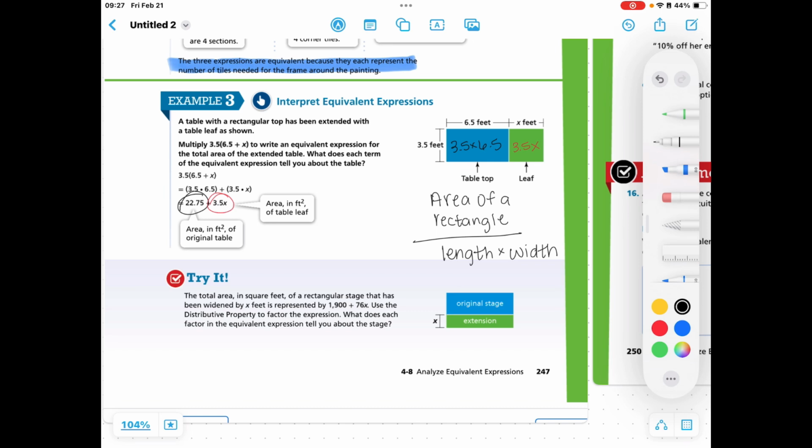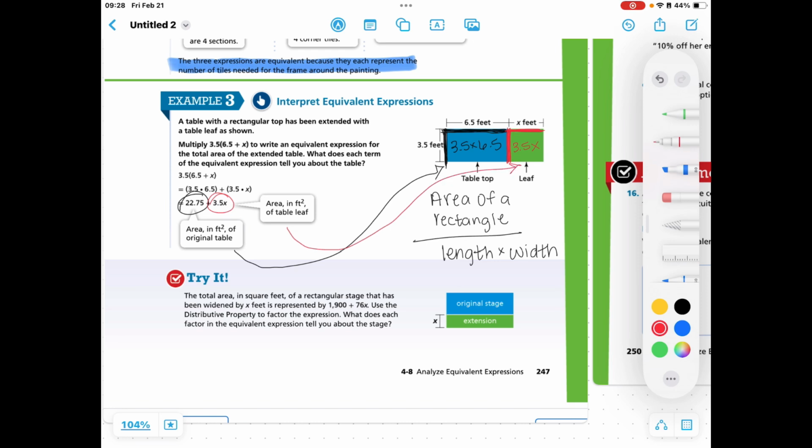So with that, we have to look at the first rectangle. The first rectangle has a length of 3.5 and a width of 6.5. Therefore, the area would be that. Now, the table or the extender, the leaf, has a width of 3.5 and a length of x. Therefore, we would multiply those together to get this area.